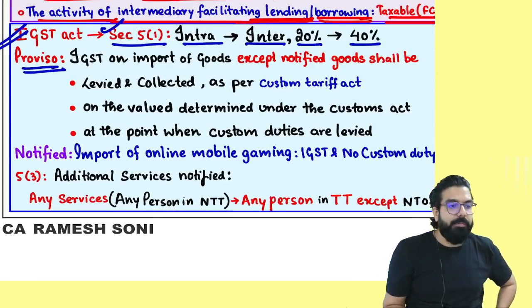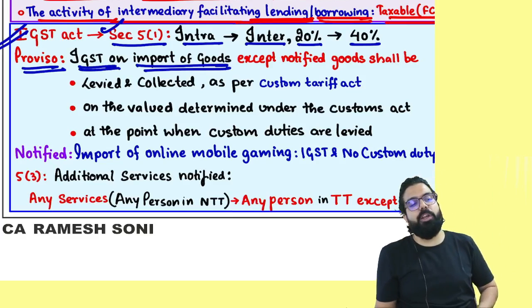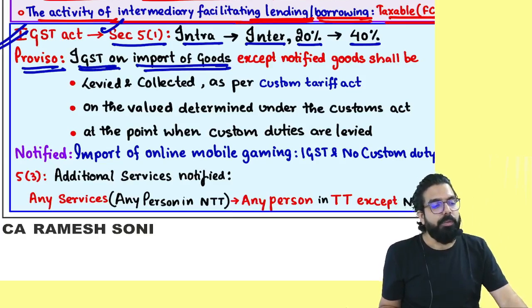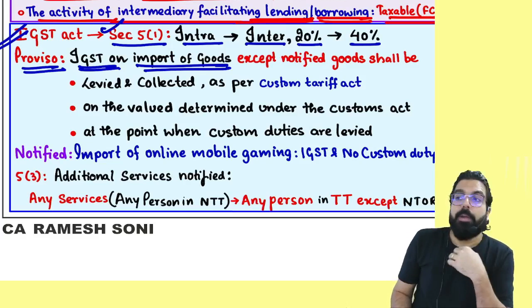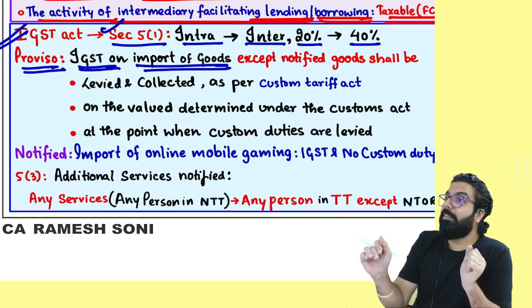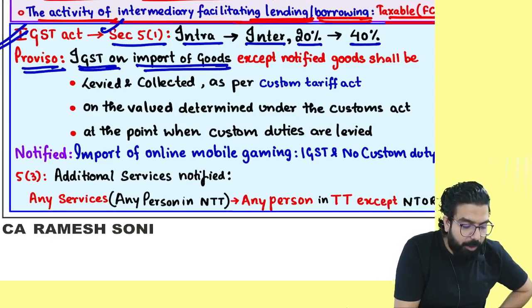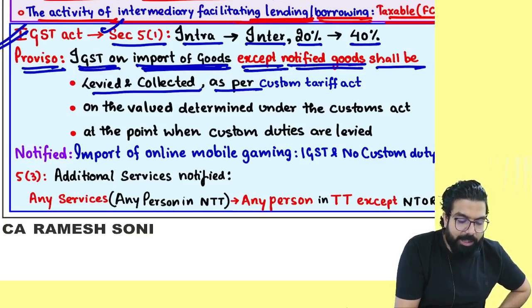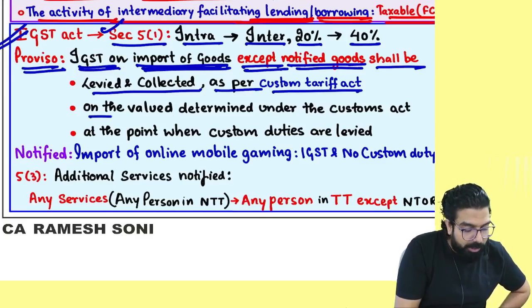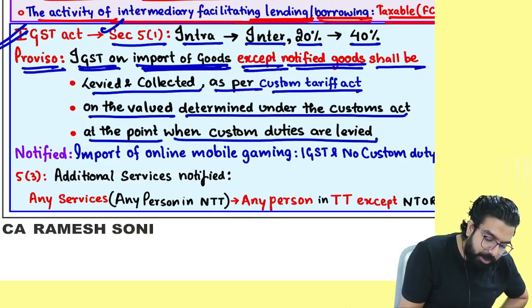One proviso is there. This proviso says IGST on importation of goods. People, tell me one thing, when you import goods, is it intra or inter? Inter, IGST will come. But when you import goods, that IGST you will pay along with custom duty. And that is what is being told over here: IGST on import of goods, except notified goods, shall be levied and collected as per the Customs Tariff Act on the value determined under the Customs Act at the point when custom duties are levied.